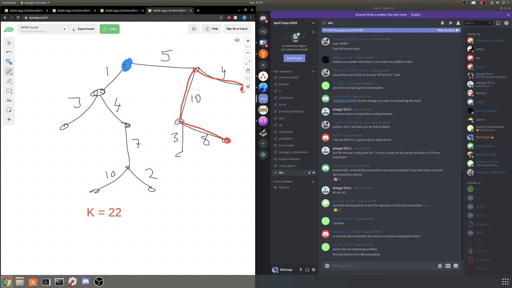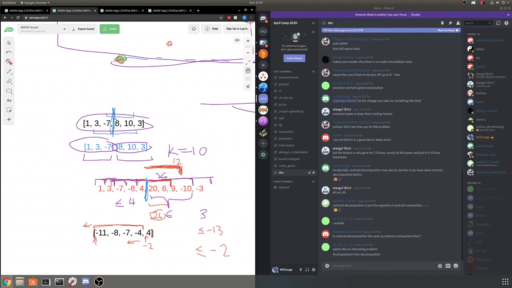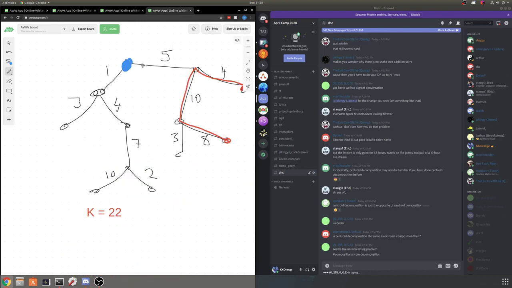If we root the tree here, just like in the other problems where we said let's consider all of the rectangles that intersect this line, or all of the subarrays that intersect this line, or all of the pairs of indices that cross this line, let's consider all of the paths that start on one side of the tree, go through this central point that we've chosen, and end somewhere else.